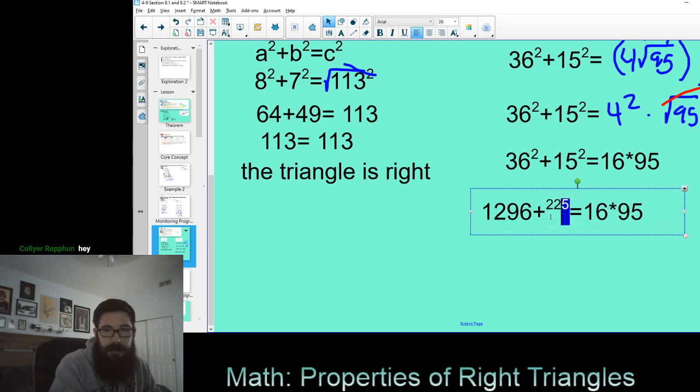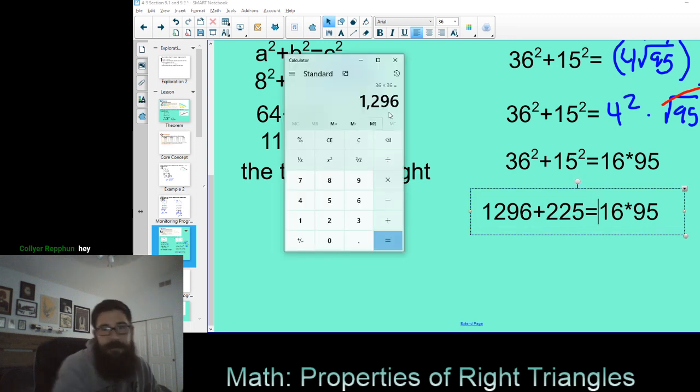Check it home if you'd like. Come on. There we go. What's 16 times 95? I don't know that one either. It's 1520. So replace that with 1520.